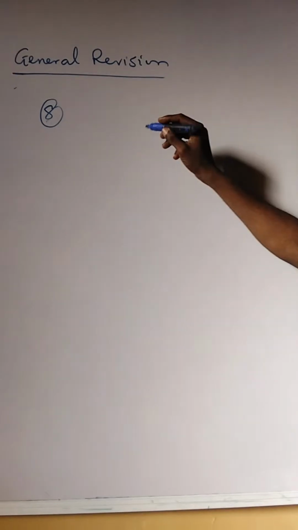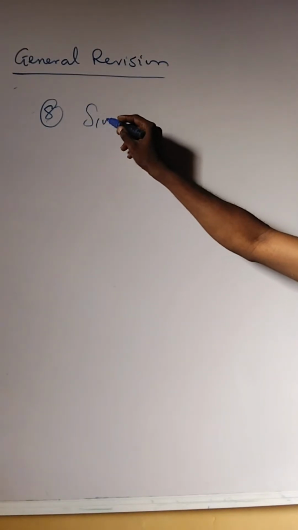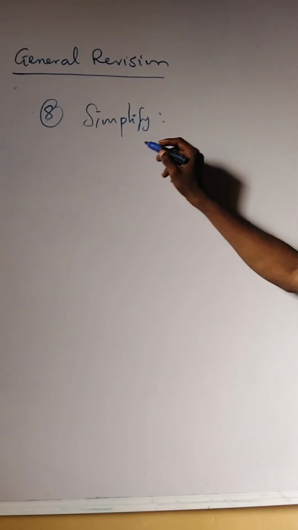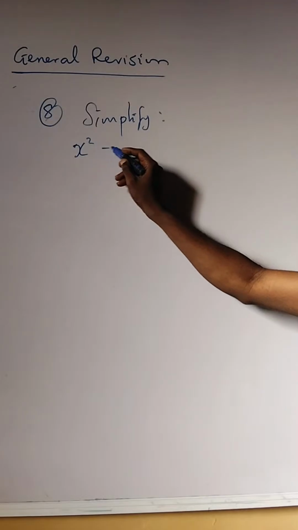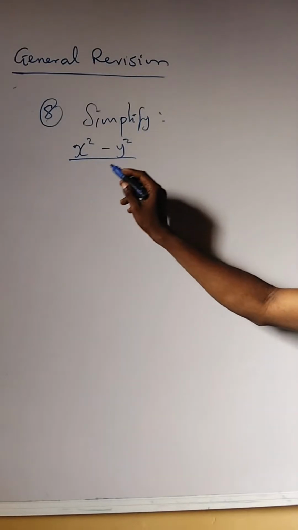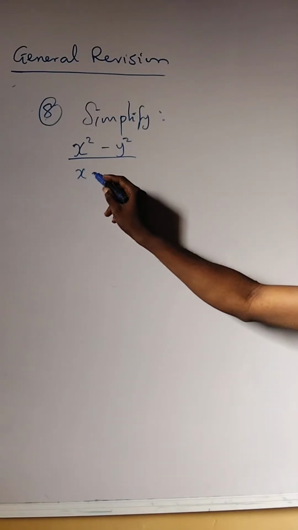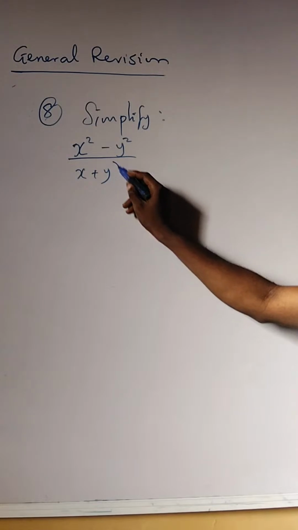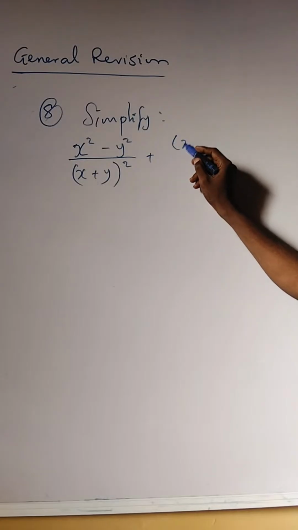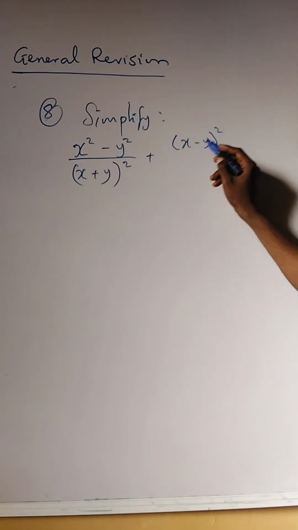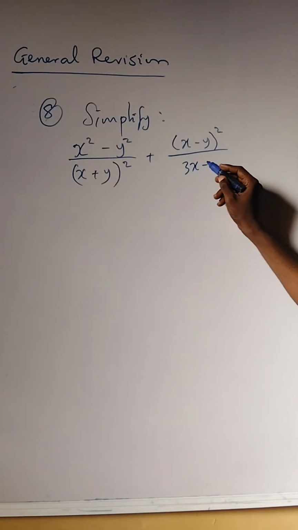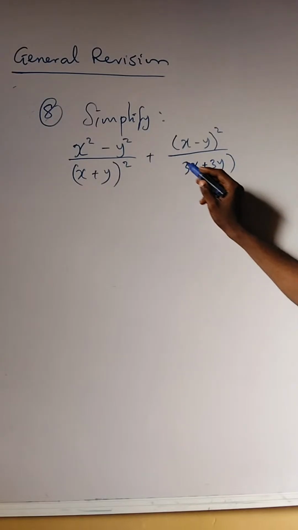So we have to simplify x squared minus y squared over x plus y all squared, plus x minus y all squared, divided by 3x plus 3y in brackets.